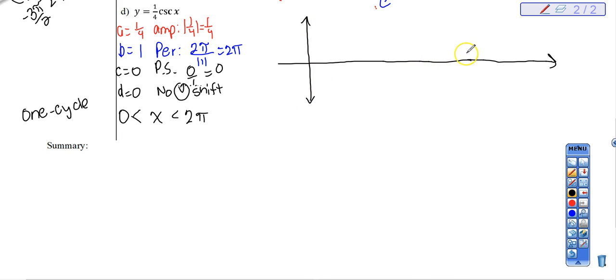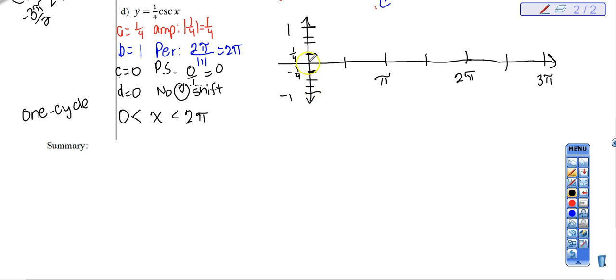So maybe I'll put 2 pi here, 3 pi out here. Cut those values in half. Amplitude 1, which is going to be crushed down to 1/4. -1 crushed down to -1/4. There we go.